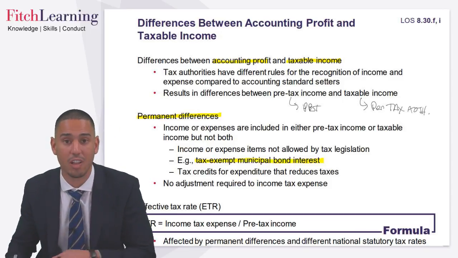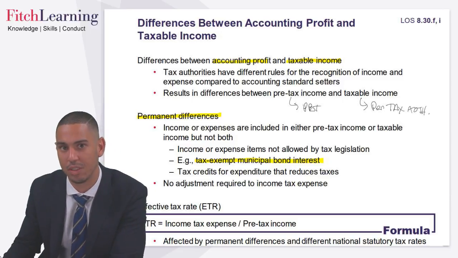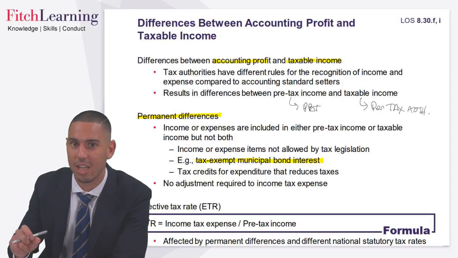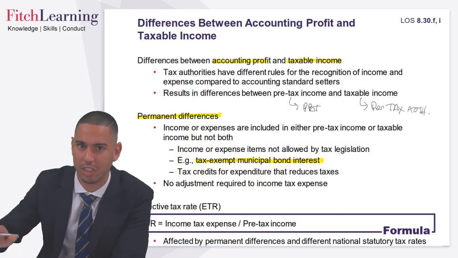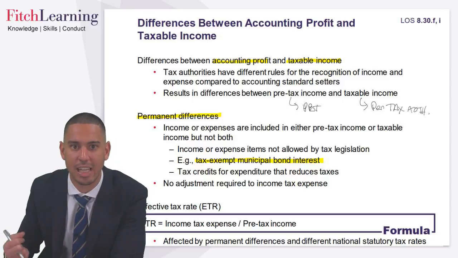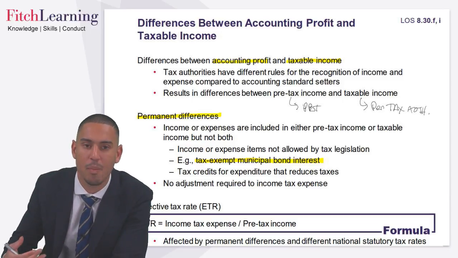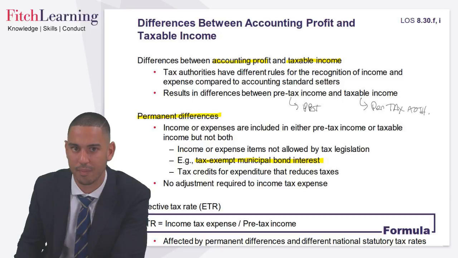We've got stuff like muni bond interest. Well, if that is tax exempt, then that is income that goes through my profit before tax. But my tax authority says, well, you're not going to pay any tax on that portion. And therefore, I will strip this income out of my accounting profits. Tax credits for expenditure. And here we're talking about permanent tax credits. Those are never, ever going to reverse out.